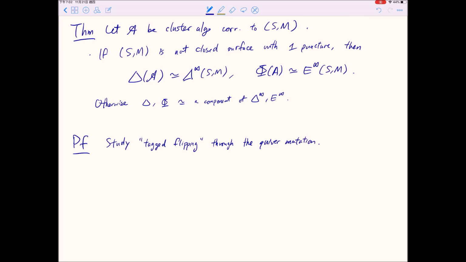So let's define what exactly is the tag flipping. Let's first define several notations.